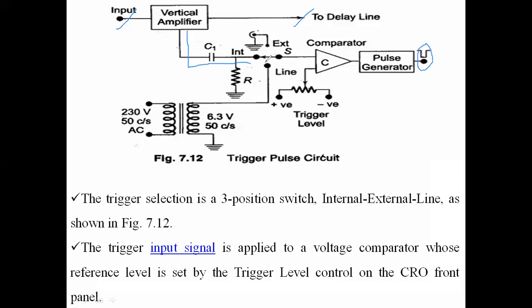So there are three types of connecting points. One is internal, the second one is external, and the third one is line.